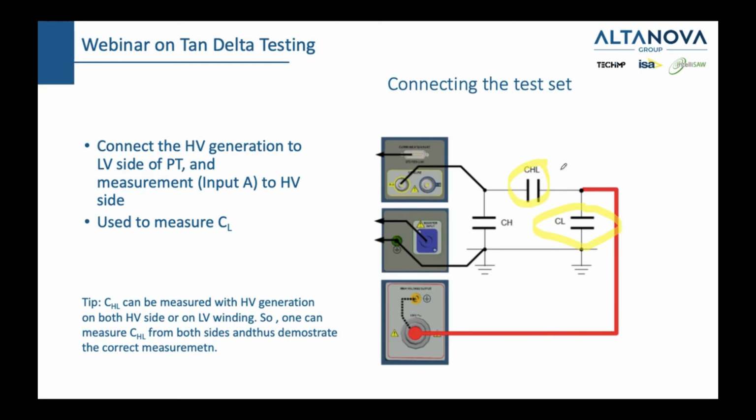Another way how you can make sure that you are testing correctly is you can measure CL, then you can measure CHL, and then in one shot you can measure the sum of CL plus CHL. If you sum up these capacitances and you get the same number as when you measure the sum, it means that you are performing the test correctly.